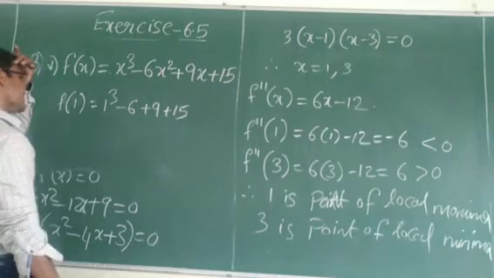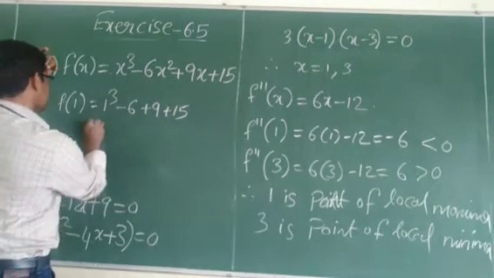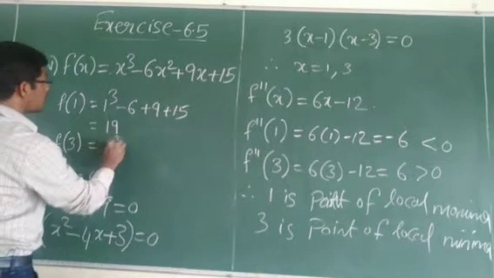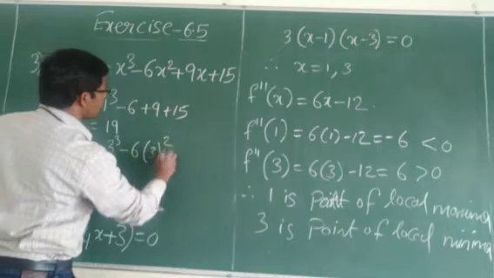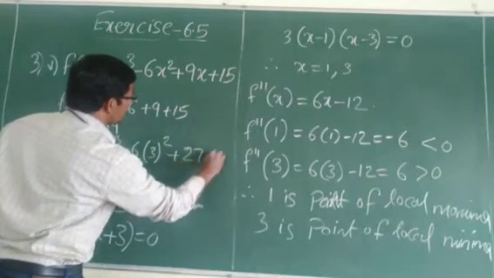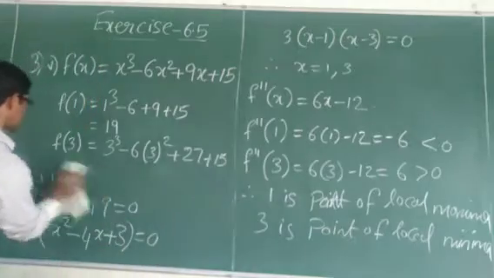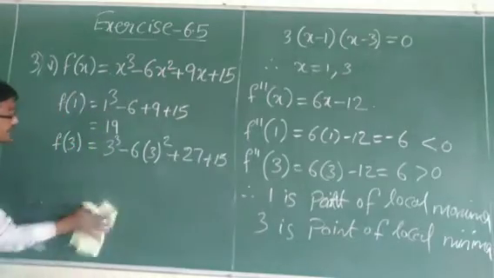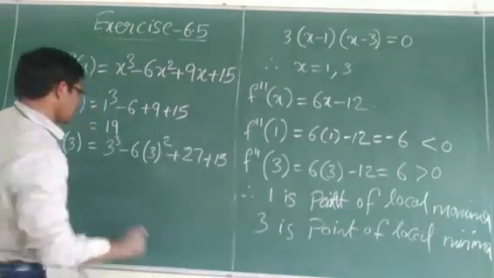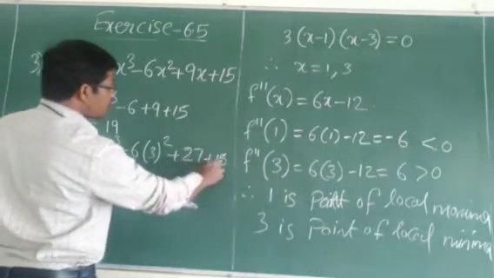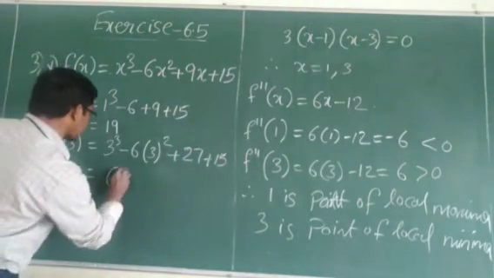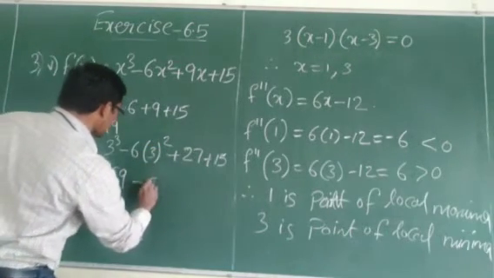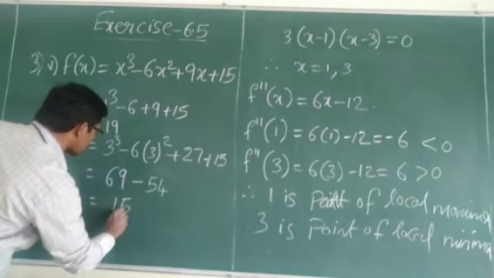So f at 1 is equal to 19. And f at 3 will be equal to 3 cube minus 6 into 3 square plus 9 into 3 plus 15. So this value you can calculate: 27 plus 27 is 54, 54 plus 15 is 69, minus 6 into 9, which is 54, which will be equal to 15.